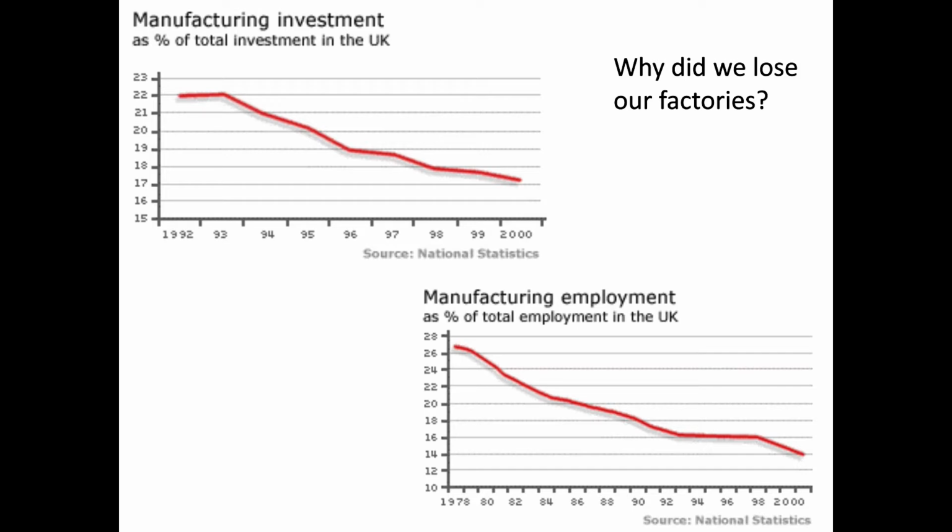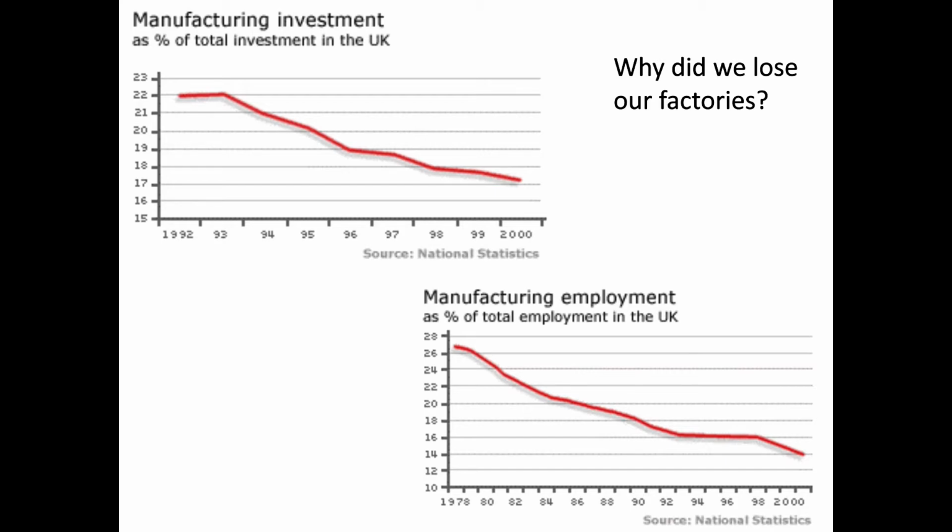But now we've lost all our factories. Why did that happen? Well, that's part and parcel of all sorts of things. It's part and parcel of globalization, which we've learned about before. Globalization is the increasing interconnectedness of the world. And it happens because of transport and technology.